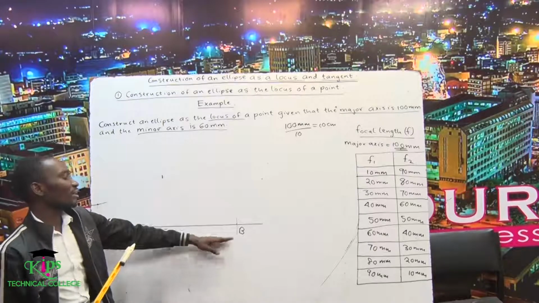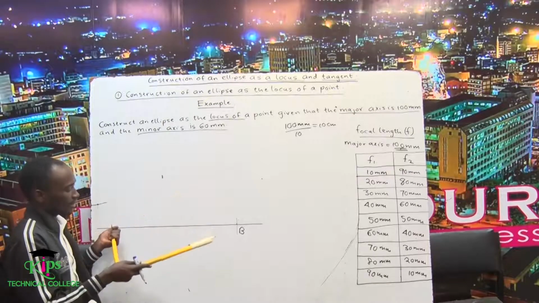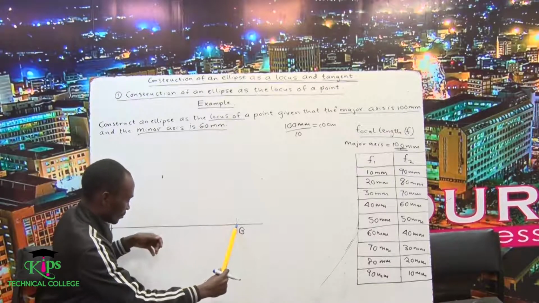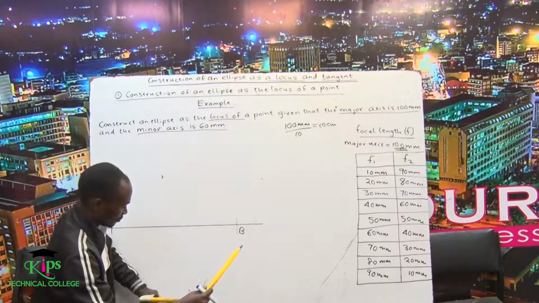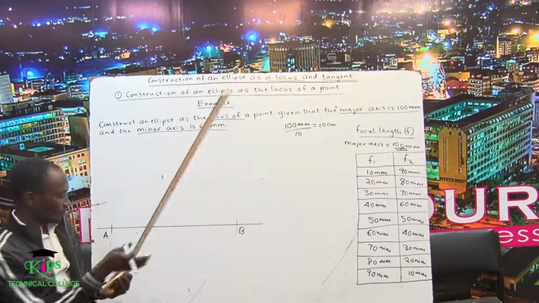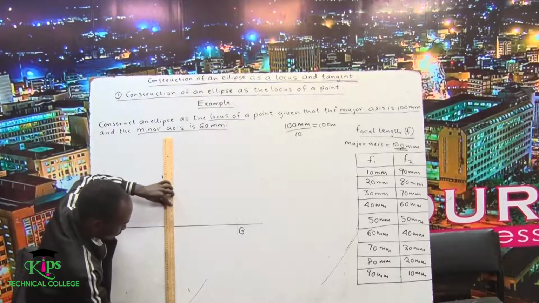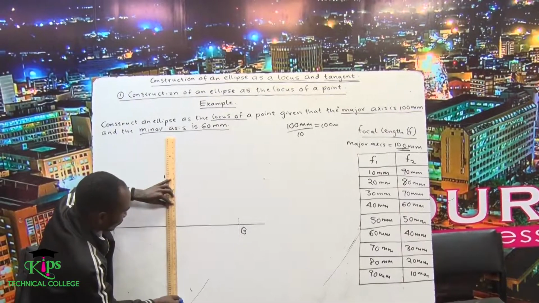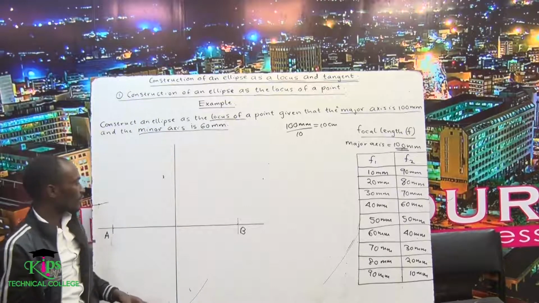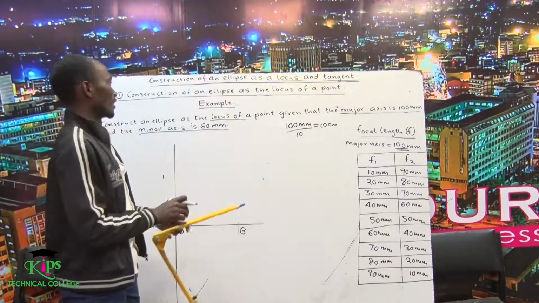So again, I need to subdivide this line into two by bisecting it. So start stepping at A. So this is the center O. So I have been told the minor axis.